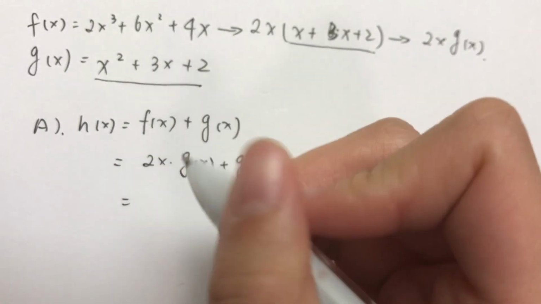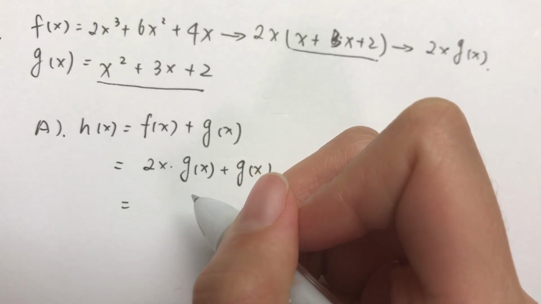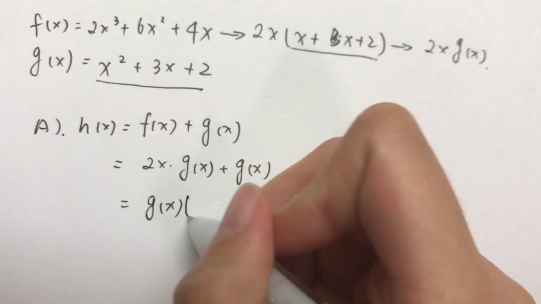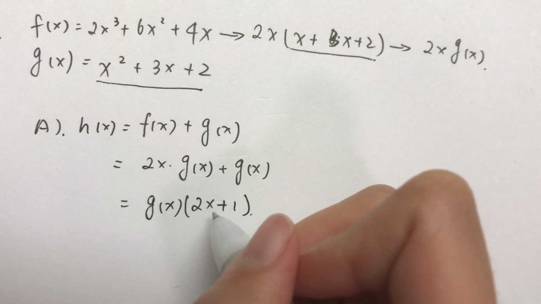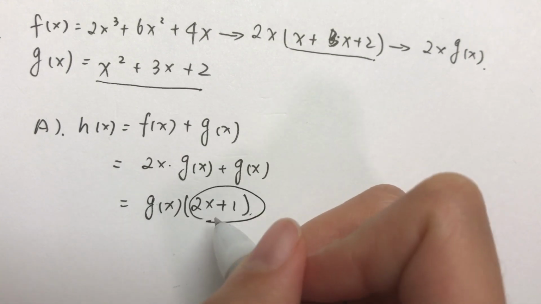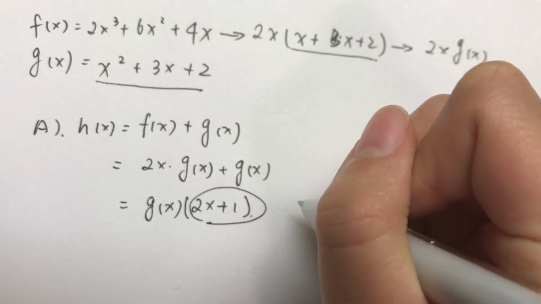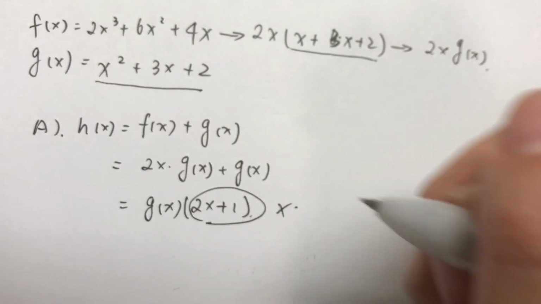So we just factor g(x) times (2x plus 1). From here we notice that 2x plus 1 is not 2x plus 3, so h(x) cannot be divisible by 2x plus 3.